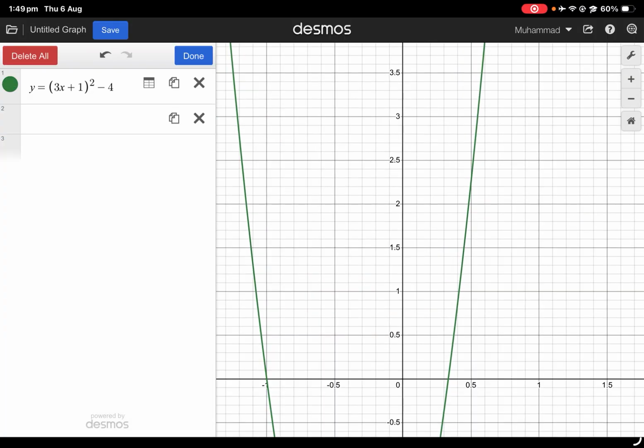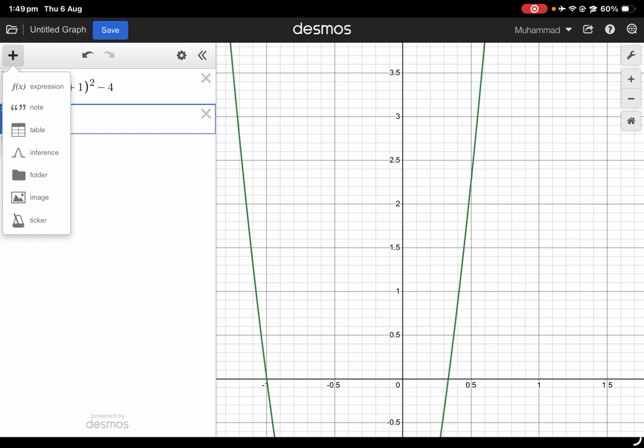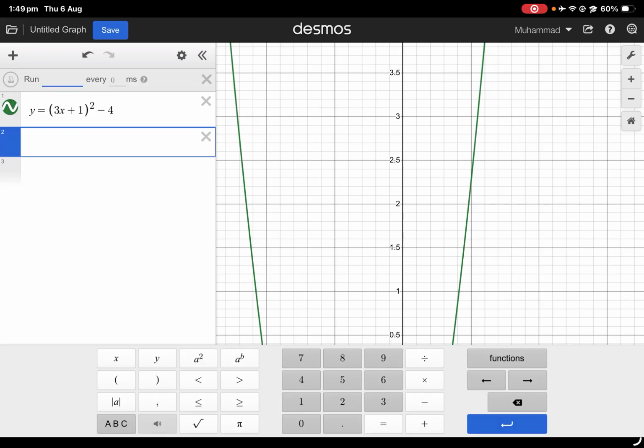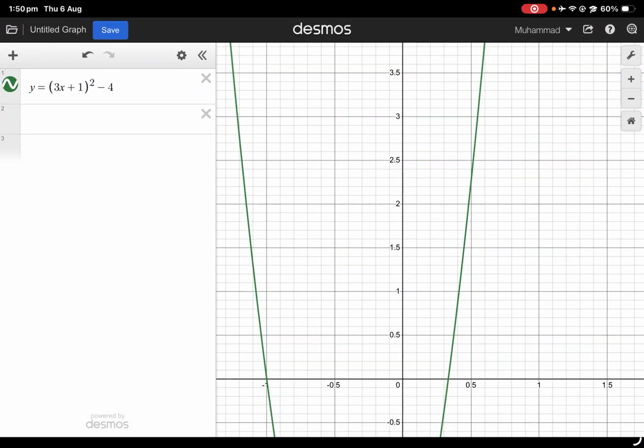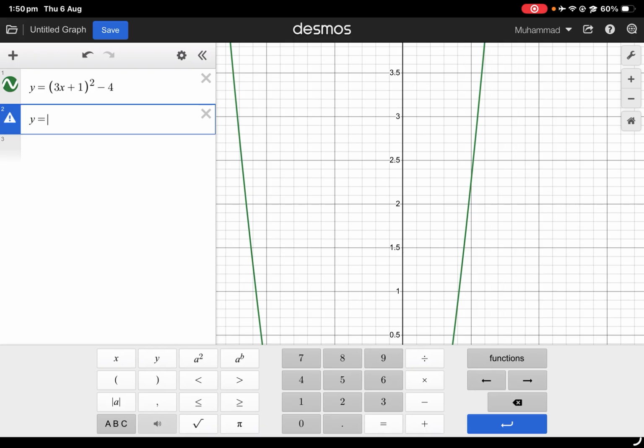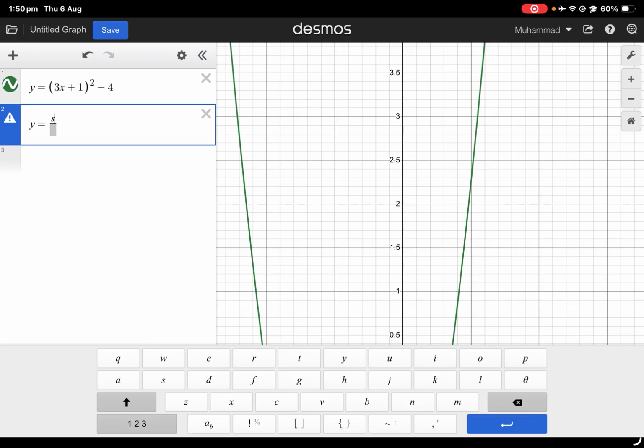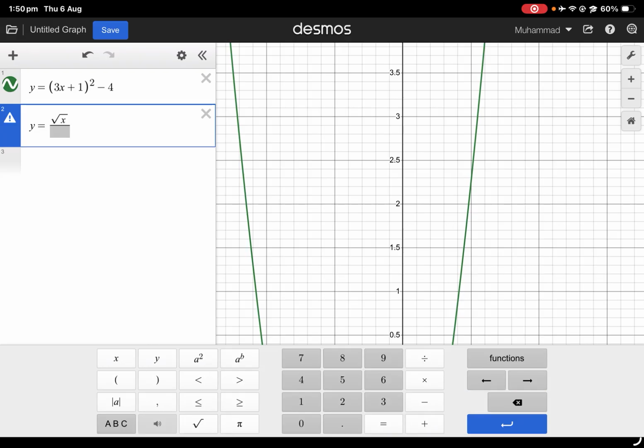And then the second one is y equals the square root of x plus 4, closing the square root, minus 1, and then the whole thing divided by 3.